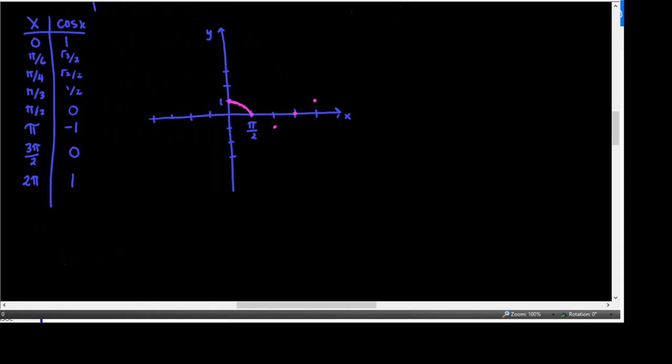In fact, the fact that sine and cosine are cofunctions should be an indicator that they have a very similar shaped graph. So cofunctions have very similar graphs to each other. And so this one is a sinusoid graph as well.